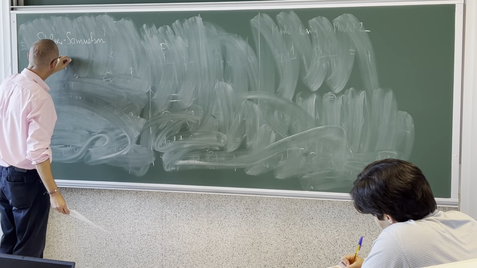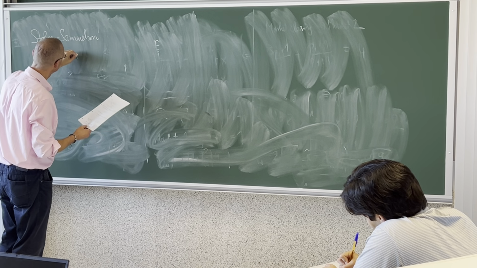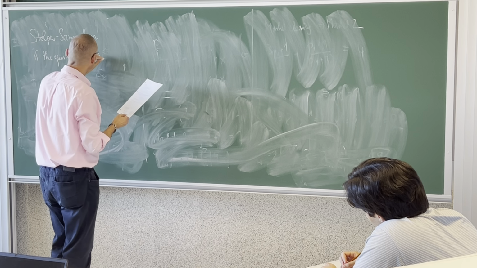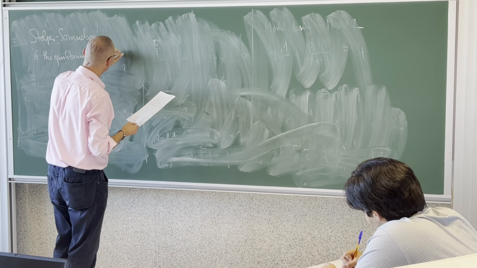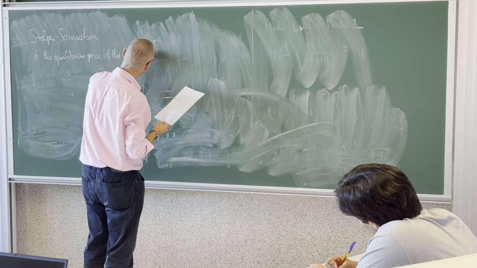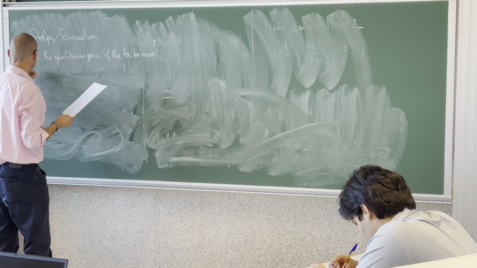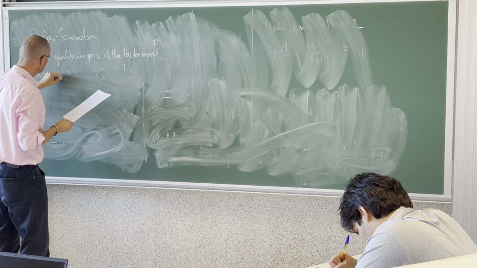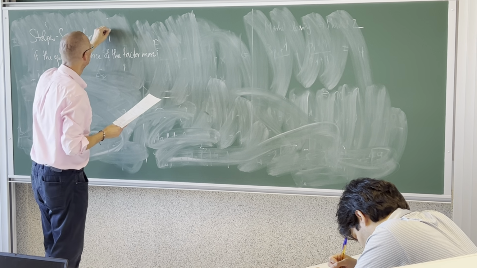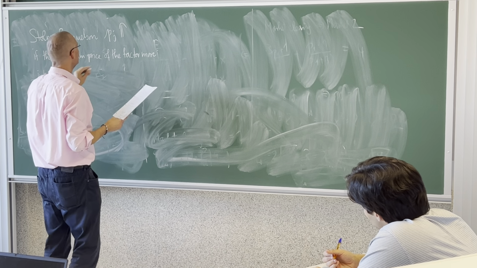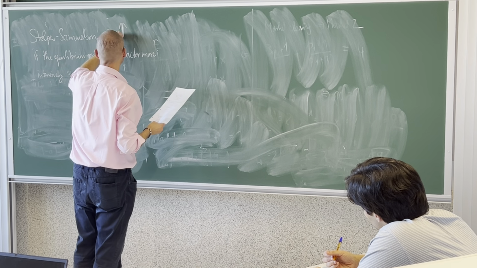If the equilibrium price of the factor more intensively used in the production of good chain increases. So the price of good chain increases.